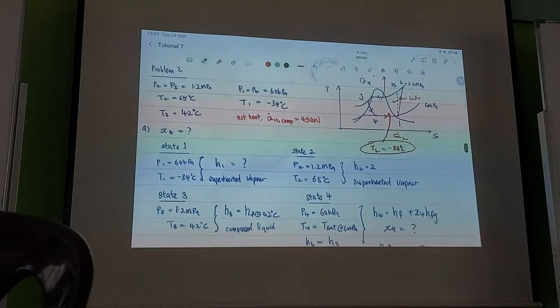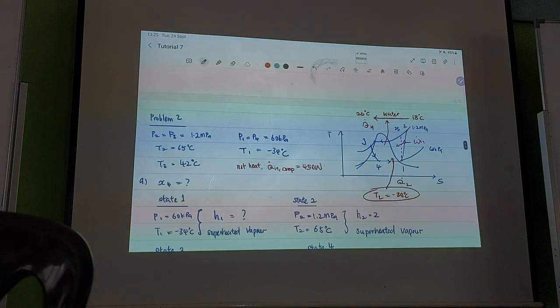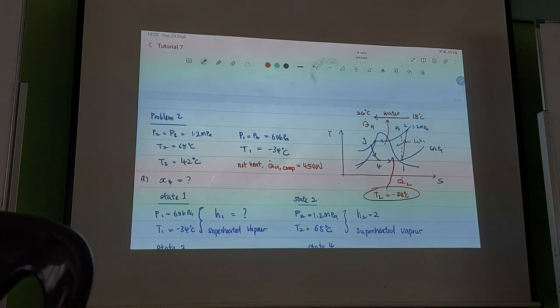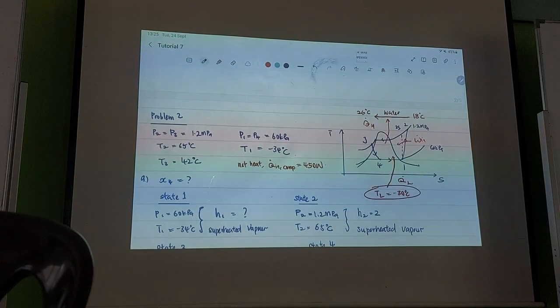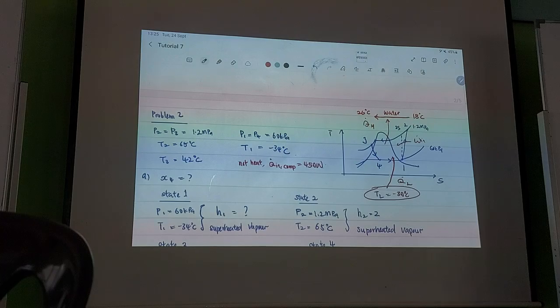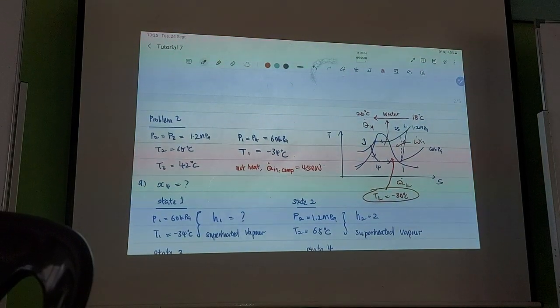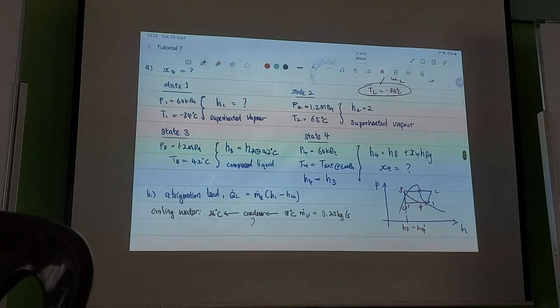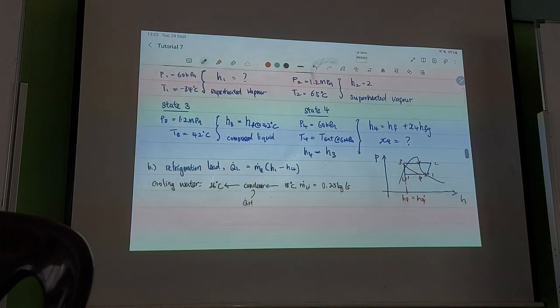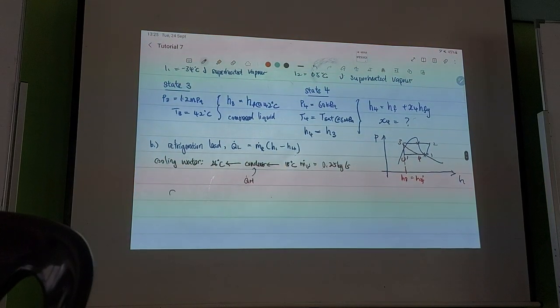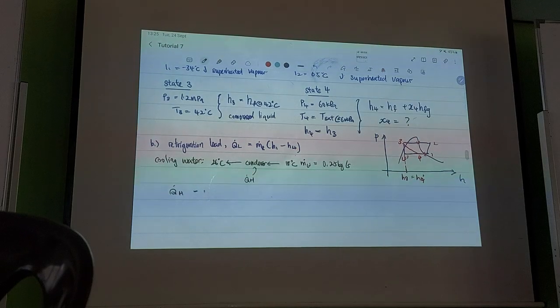Based on this question, when we draw this, you can see that the change in the temperature is actually due to QH. So from here, we can create an energy balance equation, which is m dot.